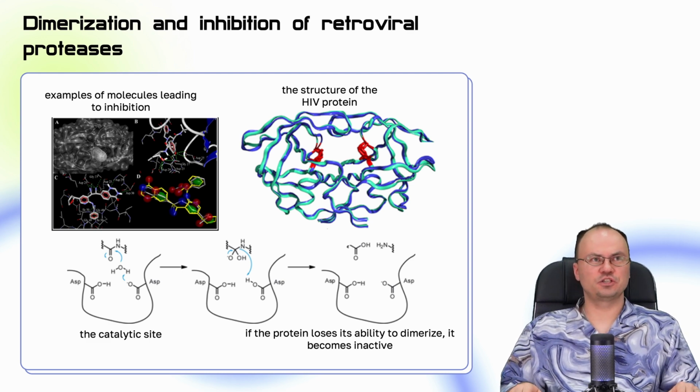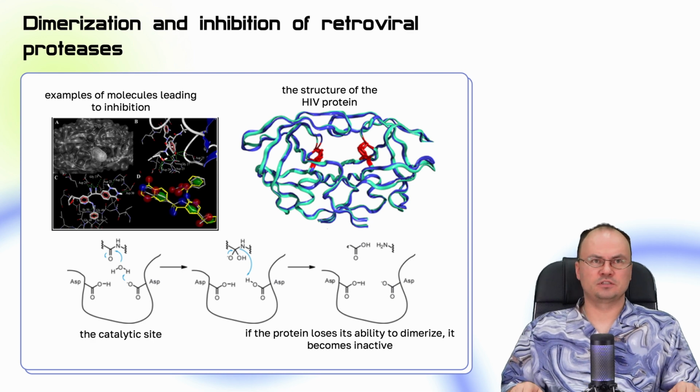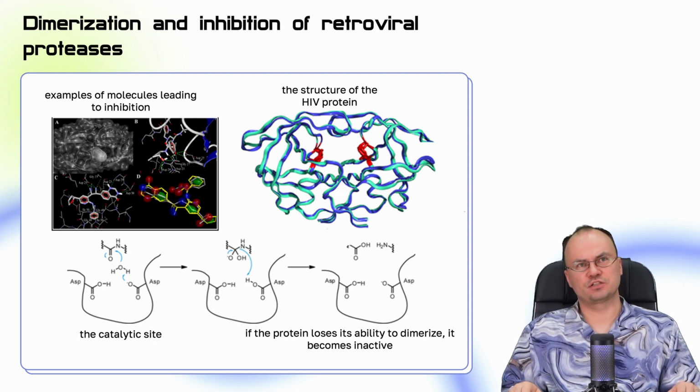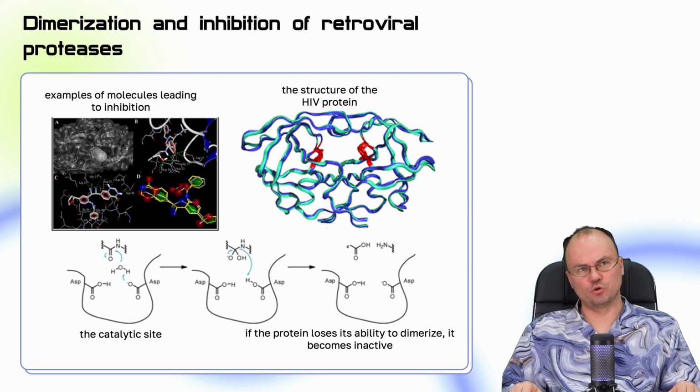The dimerization of the protein is the property of some proteins, such as viral proteins. On this slide, you see that some viruses have some proteins which are called the proteases, HIV proteases, and they have two parts, two subunits, which makes them the dimers.